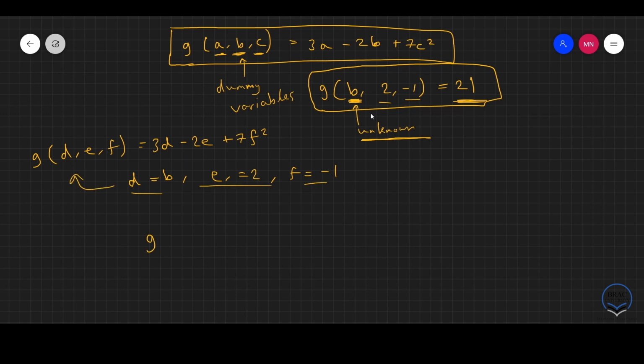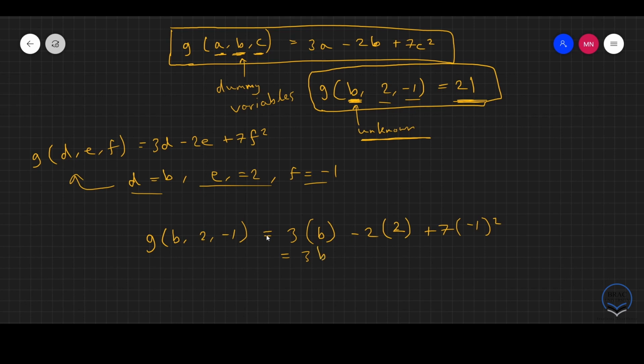So for g of b, comma 2, comma minus 1, we have 3 times d, which is b, minus 2 times e, which is 2, plus 7 times f squared, and f is minus 1.